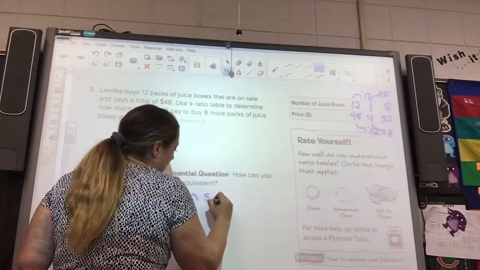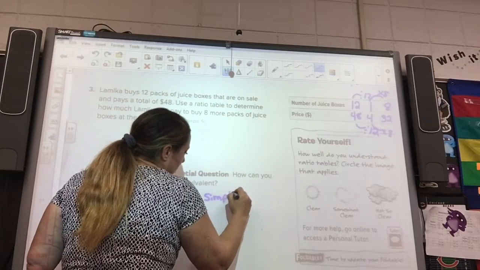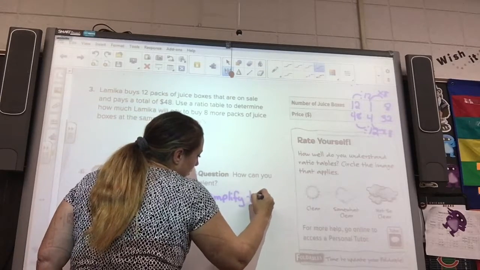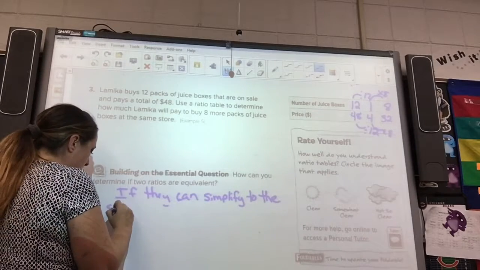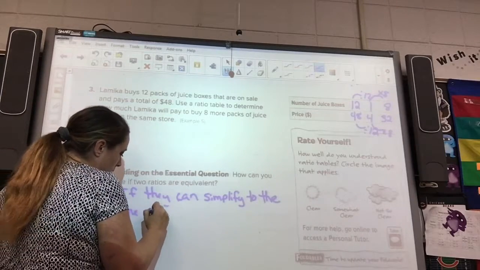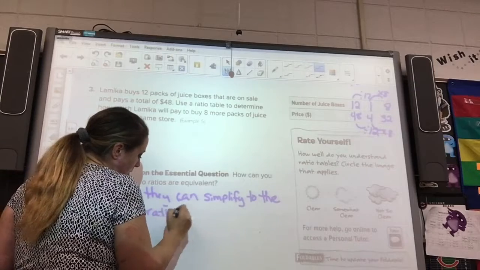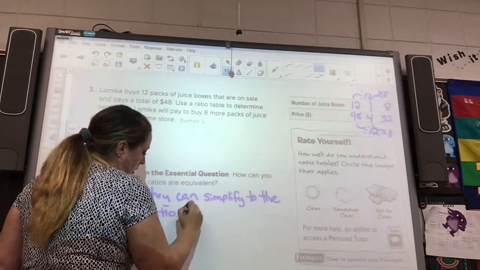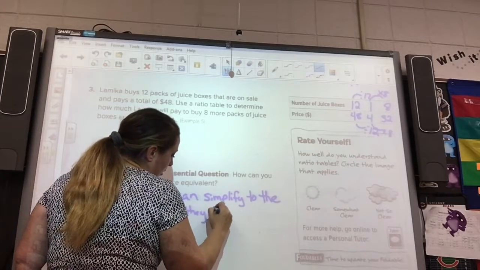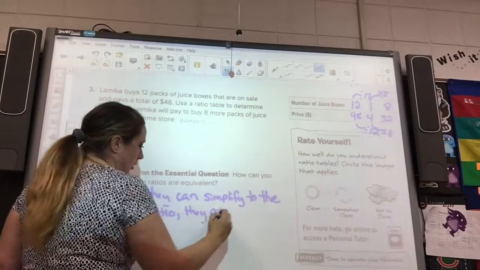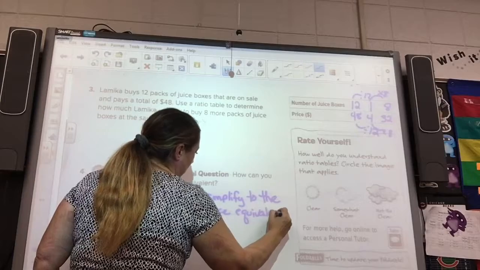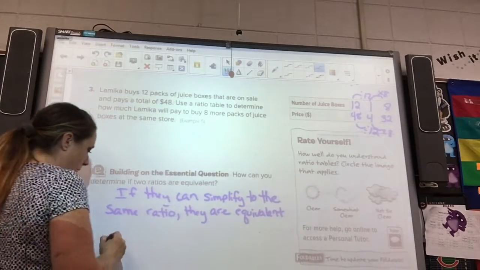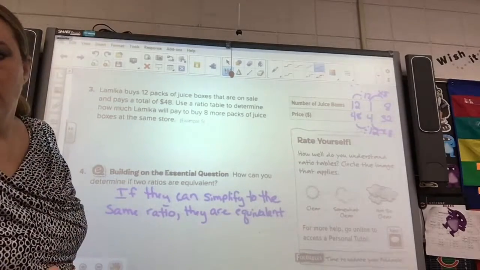So if they can simplify to the same ratio, they are equivalent. So what example do they give us?